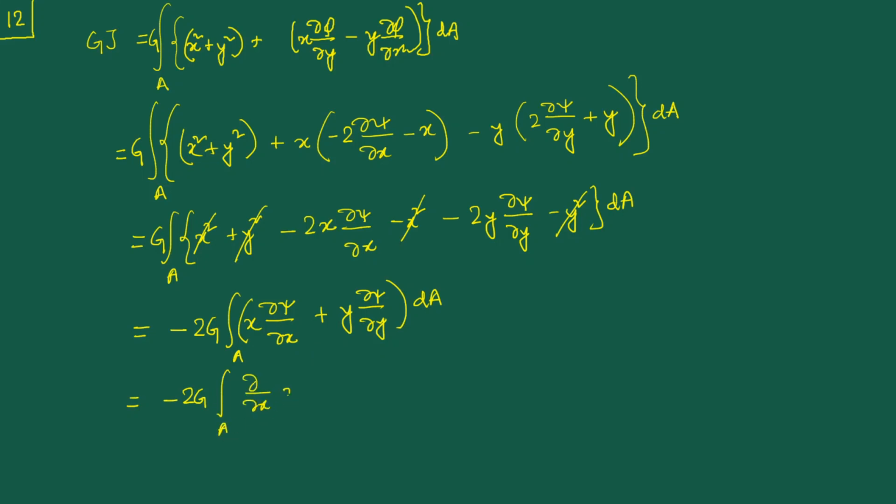So del x of x psi minus del x of x, which is just 1, times psi, plus del y of y psi minus del y of y times psi, so that the del y of y is just 1. So we have this.